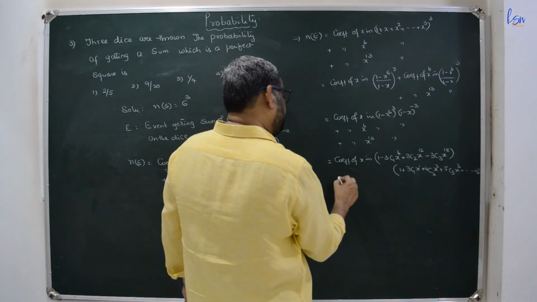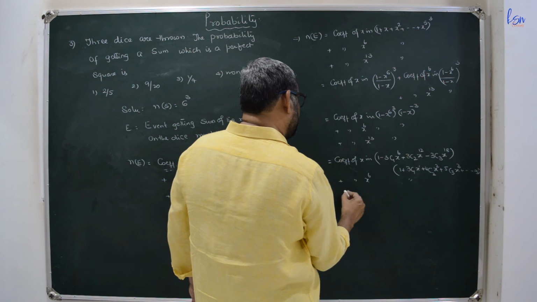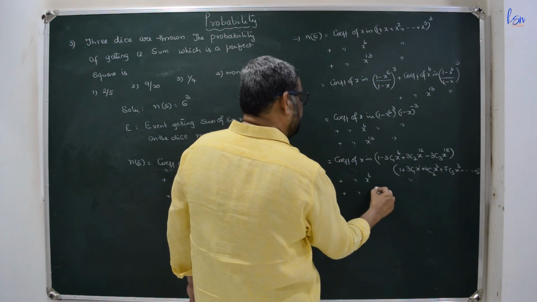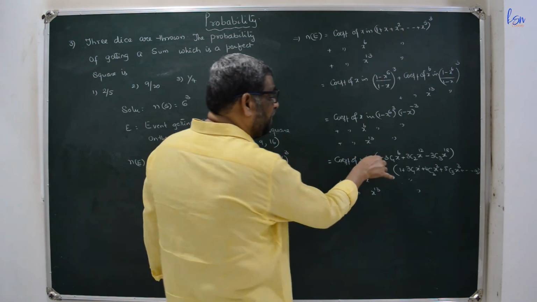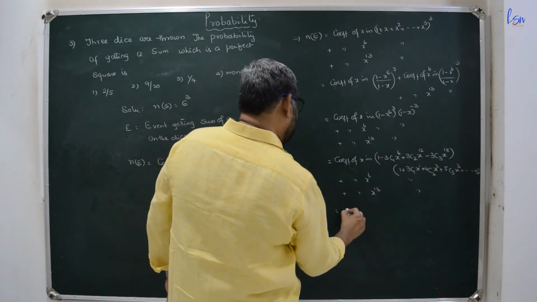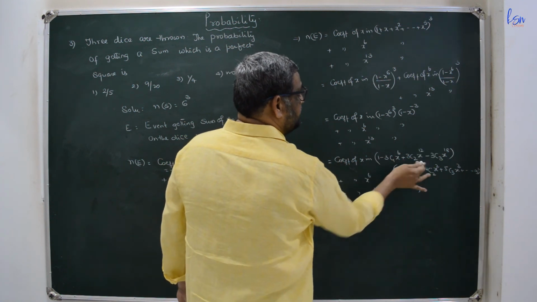Plus the coefficient of x^6 in the same expansion, plus the coefficient of x^13 in the same expansion. Now I will write 1 into the coefficient 3C1, and next here there is no such chance.